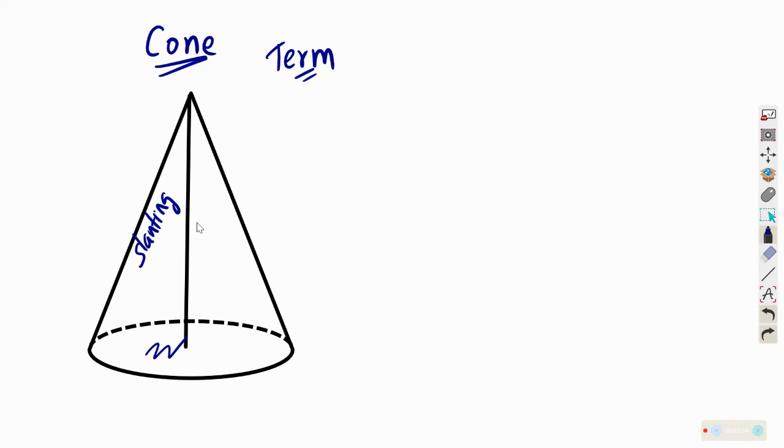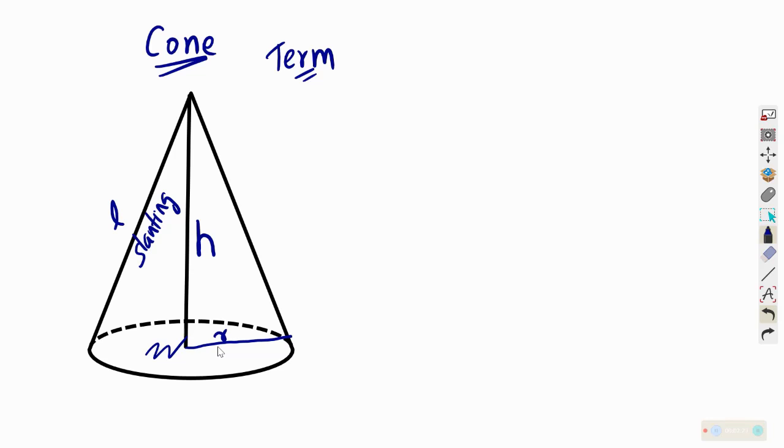This is the height, and this is slanting, which I wrote can be the slant height. For slant height we can simply use the term l over here. And as usual, we know that this can be written as the radius of the base, right? I think it is not that tough.